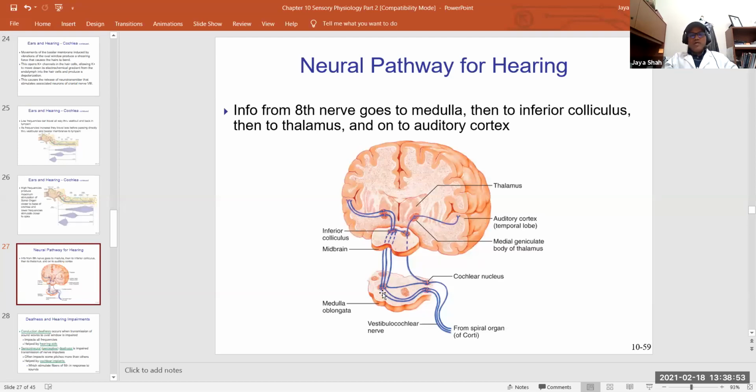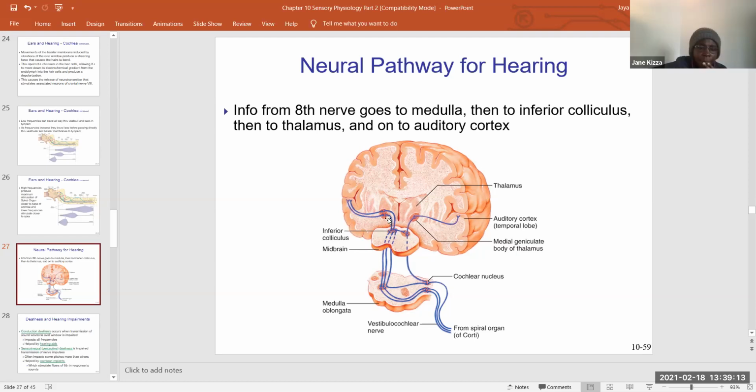Once crossed in the medulla oblongata, it passes to the inferior colliculi. Inferior colliculi is the part of which part of the brain? Corpora quadrigemina. That is the part of the midbrain. Yes.